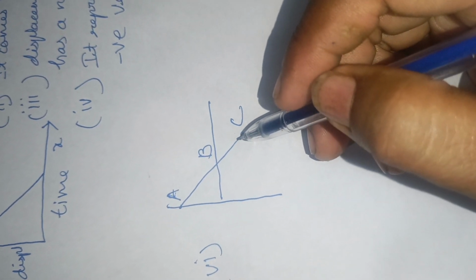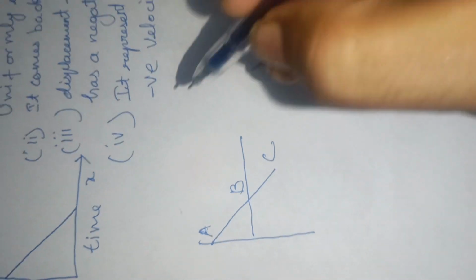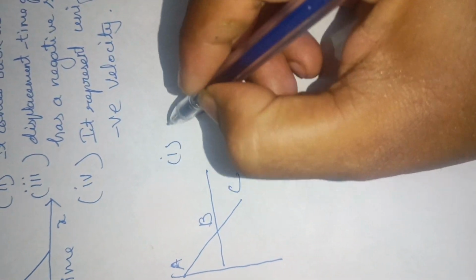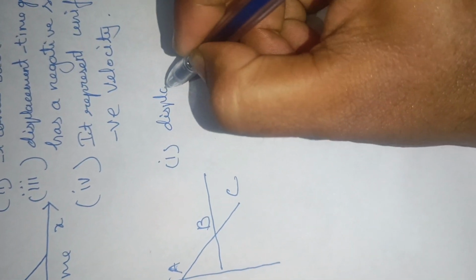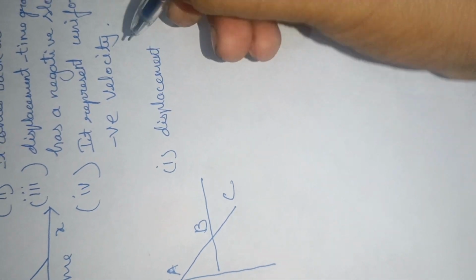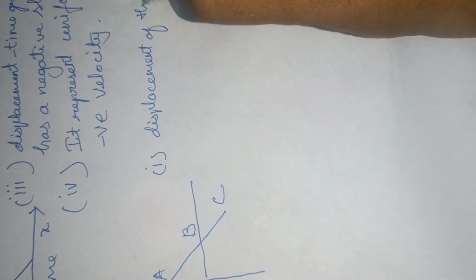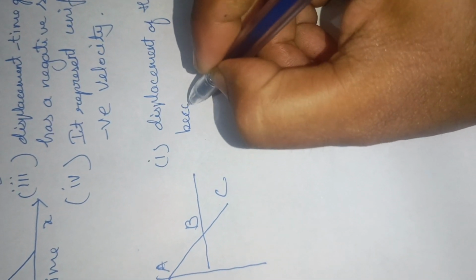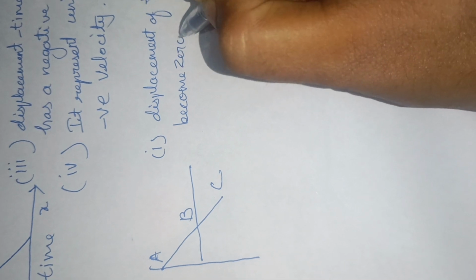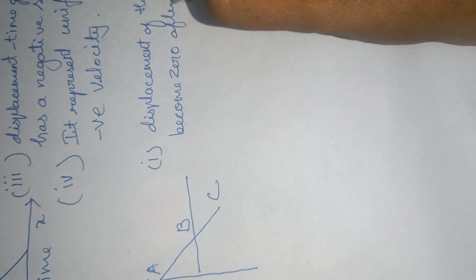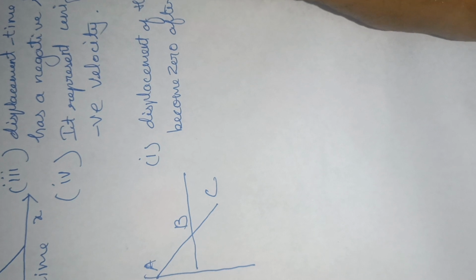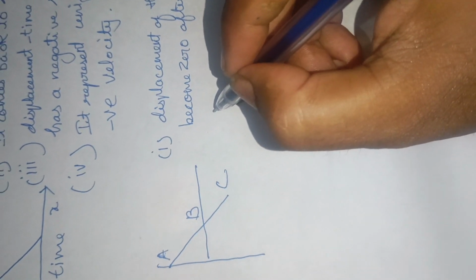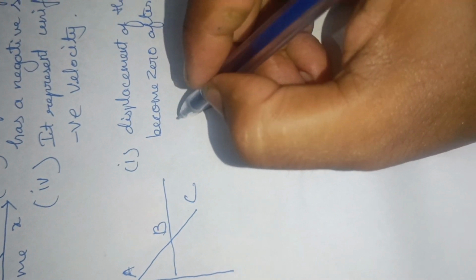The displacement of the body becomes 0 after a time t. So point number 1 we are going to discuss: the displacement of the body becomes 0 after time t.